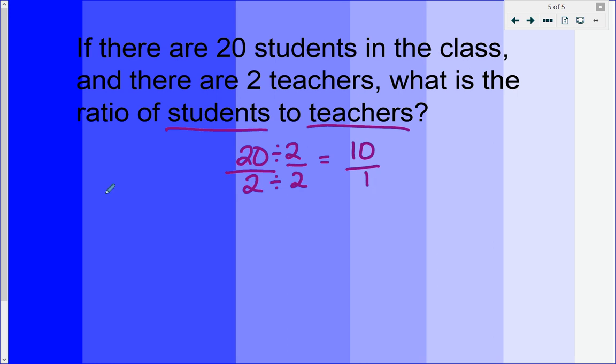So my ratio then is 10 to 1. Or we can just leave it as 10 to 1. That is what ratio looks like. Okay? Nothing else new, just that idea.